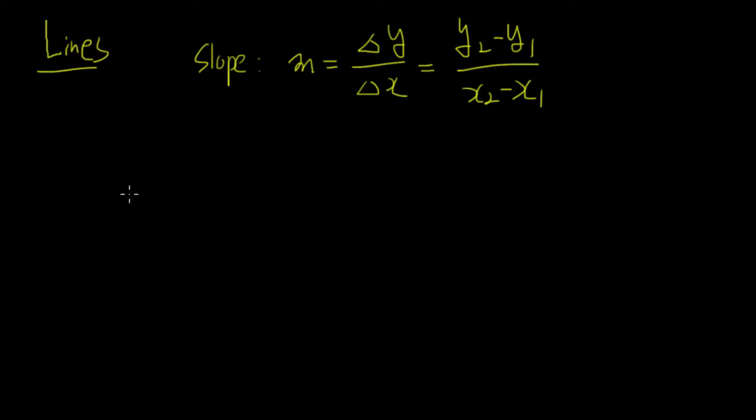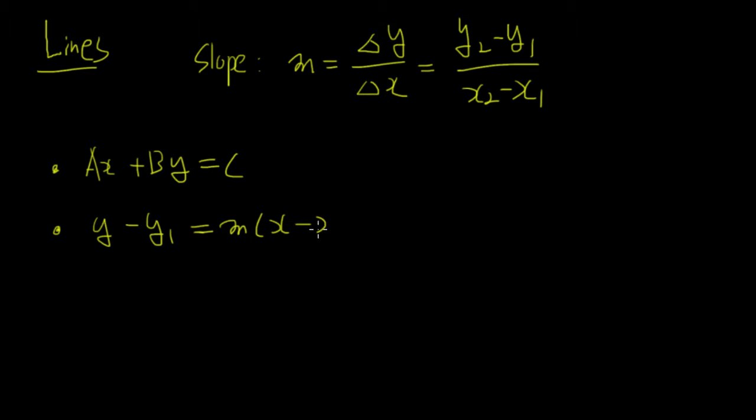Now we also talked about three different forms. One was general form, which looks like ax plus by equals c. Another one was point-slope form, when we have a point and a slope: y minus y1 equals m times (x minus x1).